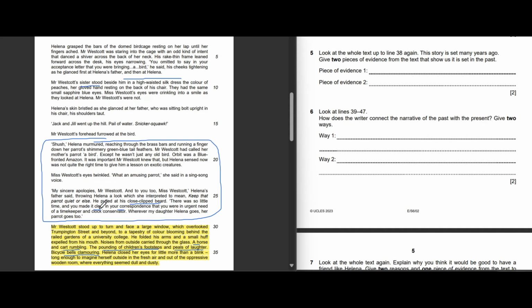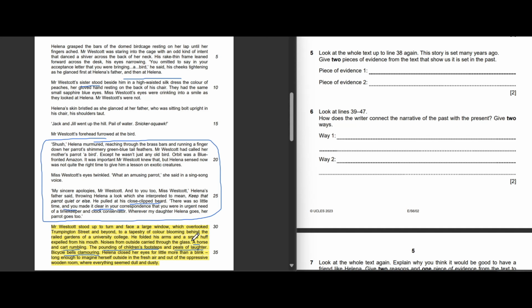So that is the clock that was used in the olden time. This can also be one possible answer. And we see from here that a horse and cart rumbling, so that is transportation used by people long time ago.